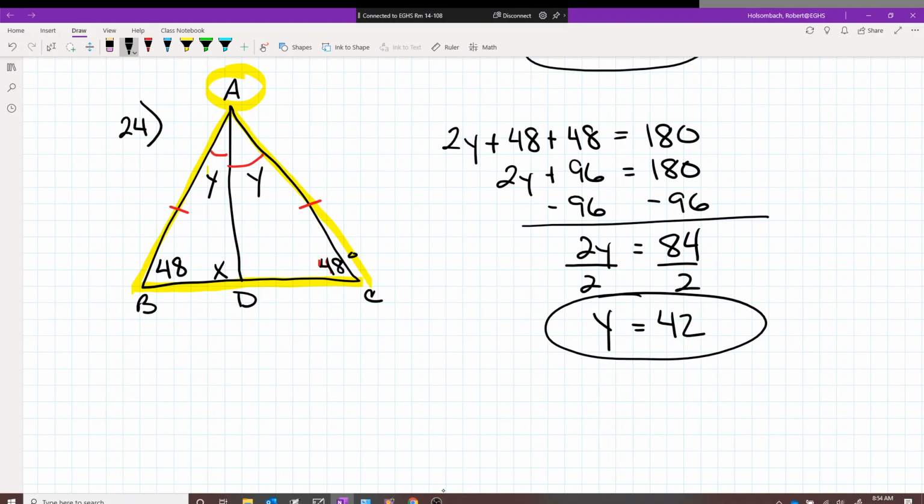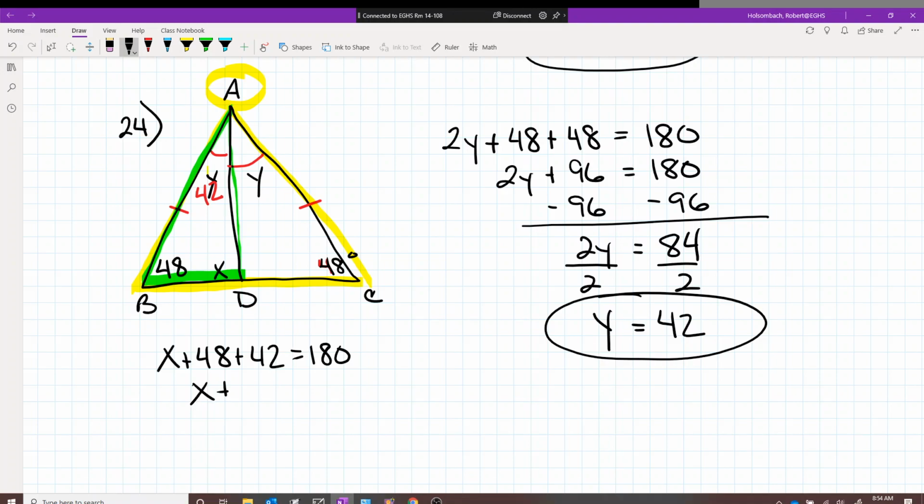Now, if you know that this y right here is 42 degrees, and you need angle x, now we're dealing with this small triangle, the green one. And you know two angles in the small triangle. So your x plus your 48 plus your 42 has to equal 180.